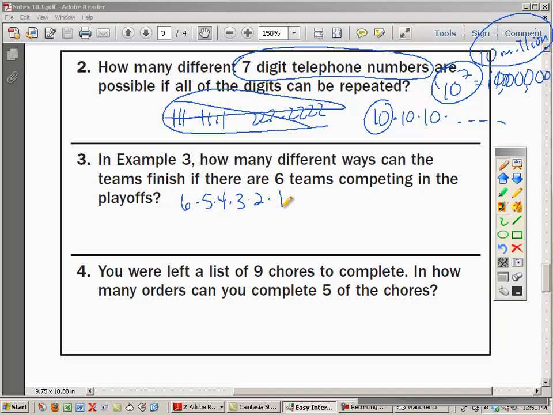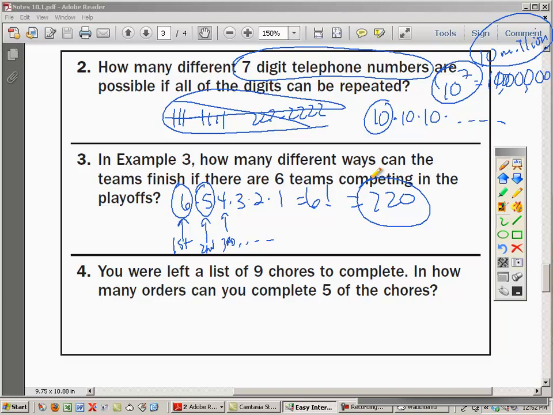You're only worried about the first 6 places. So there are 6 possible teams that can be in first, 5 that can be in second, 4 that can be in third, and so on and so forth. So it ends up being 6 factorial, which is 720 different combinations, all right?